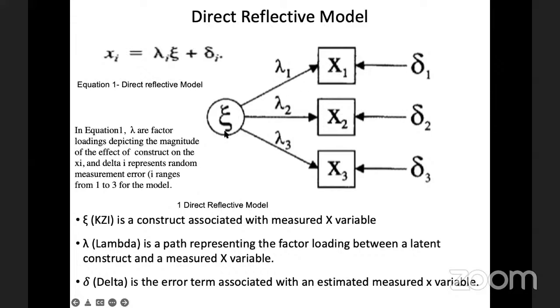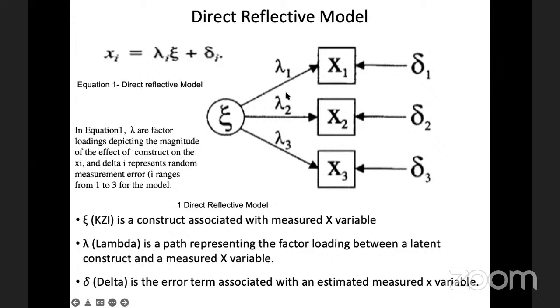So xi is the factor, lambda is the factor loading, and it shows how much x1 loads on xi. It is a reflective measure, so the arrow goes from xi to x1, and delta 1 explains how much error this variable has.